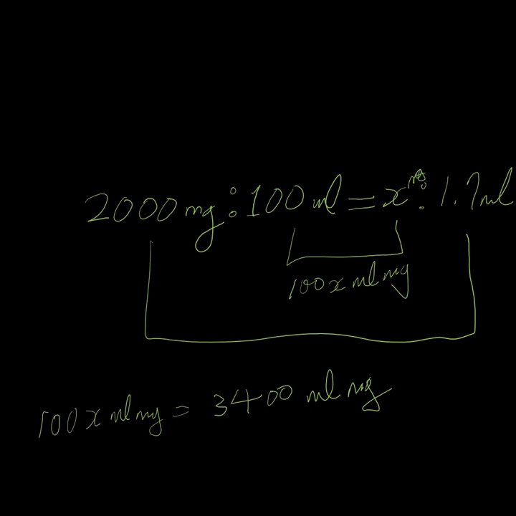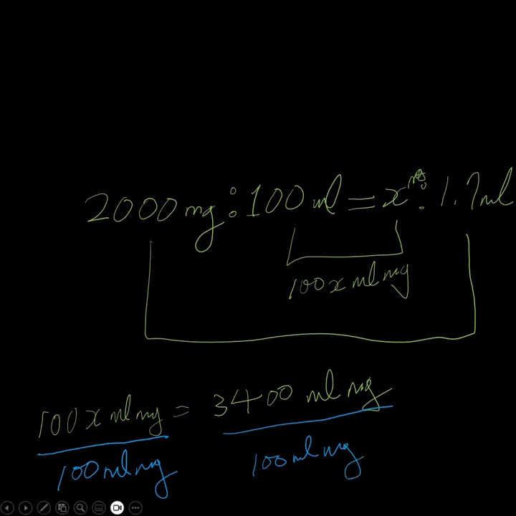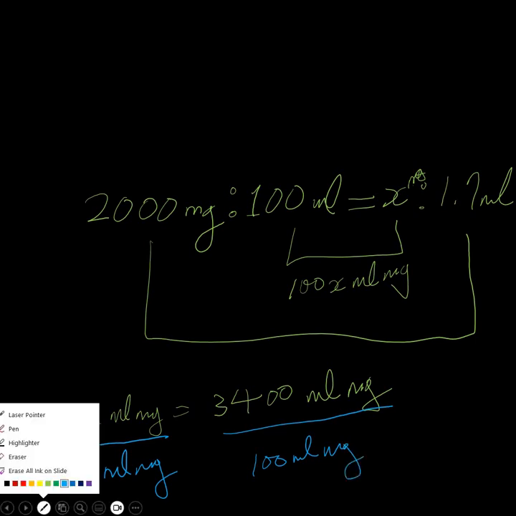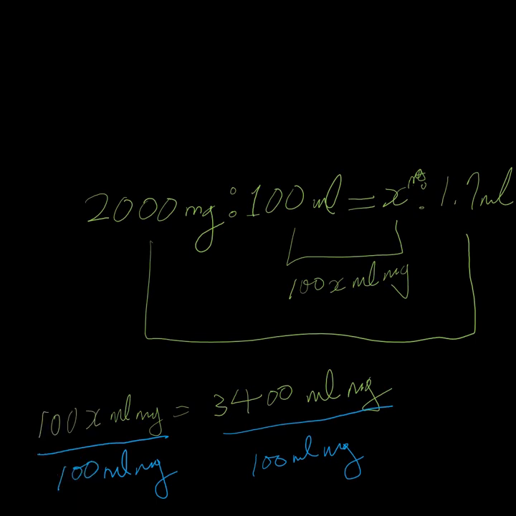Okay? So I want to leave x alone. So divide it by 100 milliliter milligram, and also divide it with the equal amount milliliter milligram. So I'm gonna change into red to cancel, because when I use red to cancel, it feels good. So cancel, cancel, cancel, and cancel these zeros.